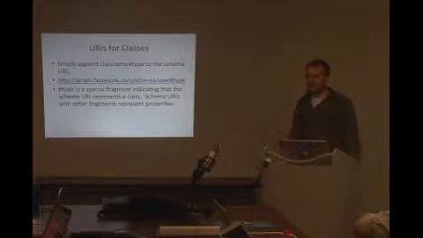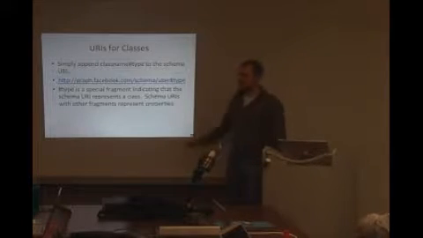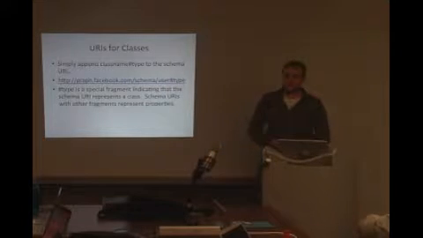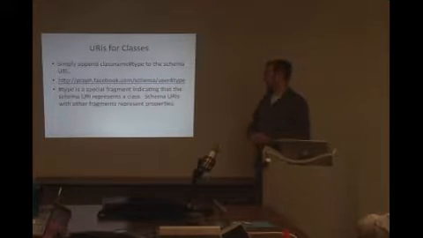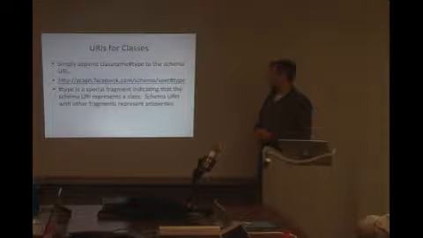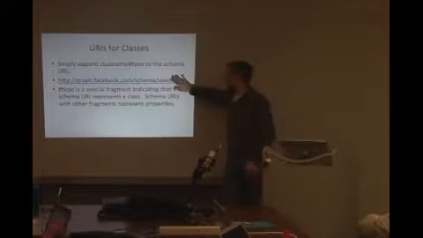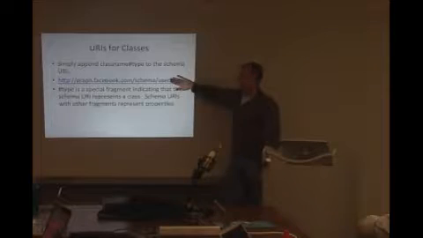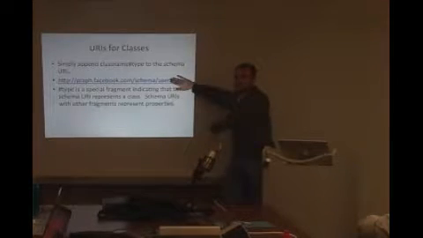So here's a URI for a class. What we did is we reserved a very special URI, which basically represents a class. So if you want to find out stuff about user, you just go to graph.facebook.com/schema/user.